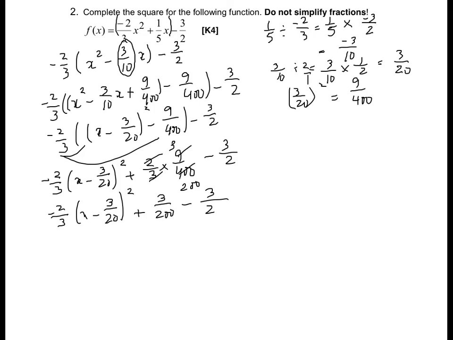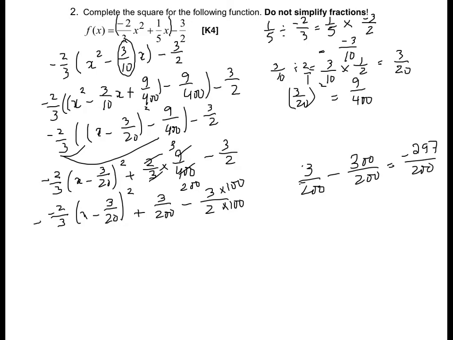To add the fractions, I'm going to make sure that the denominators are the same, so I multiply this by 100 and this by 100. And here we get 3 over 200 minus 300 over 200, which is negative 297 over 200.